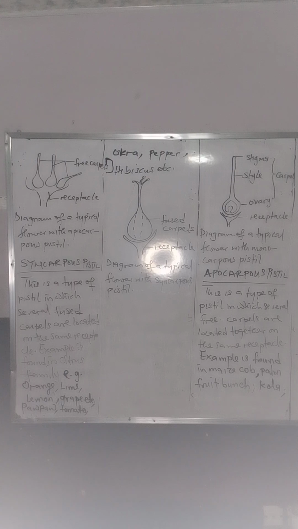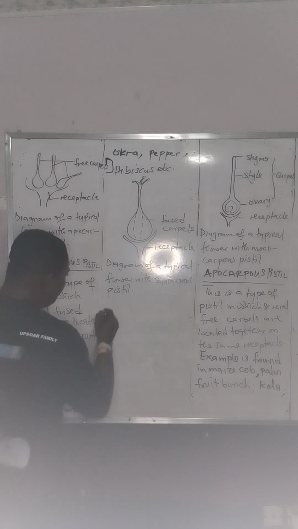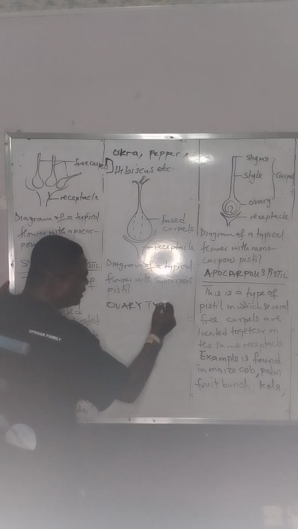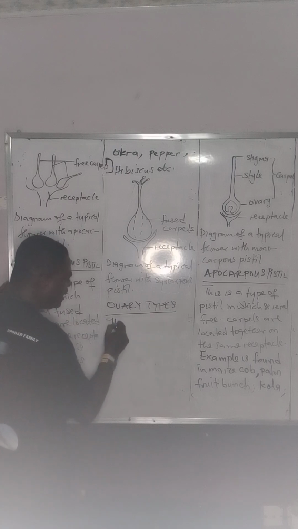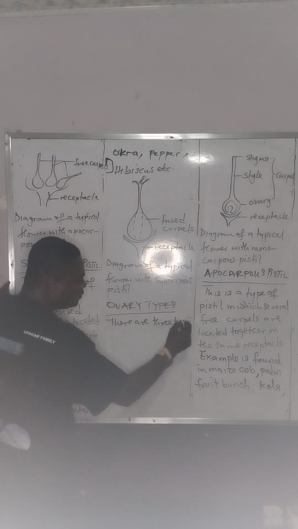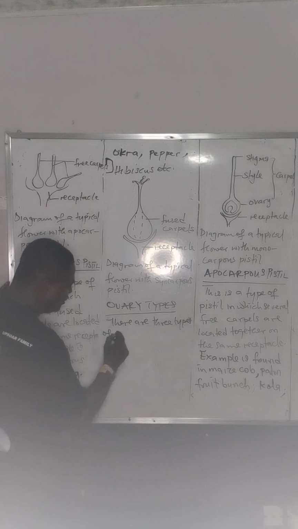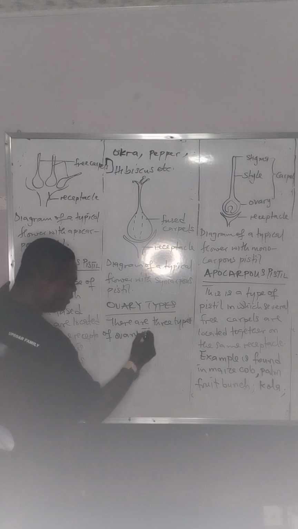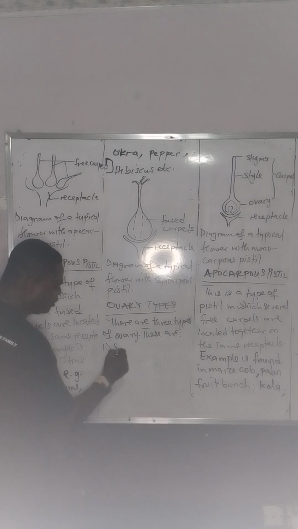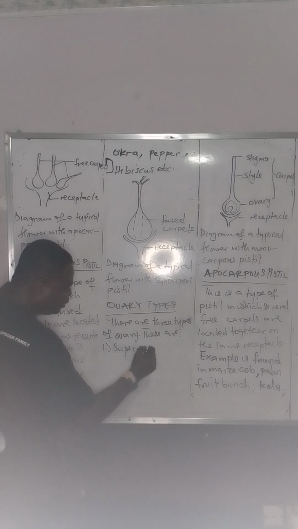Now let's go to ovary types. We have talked about ovary before. There are 3 types of ovary. The first one is called superior ovary.